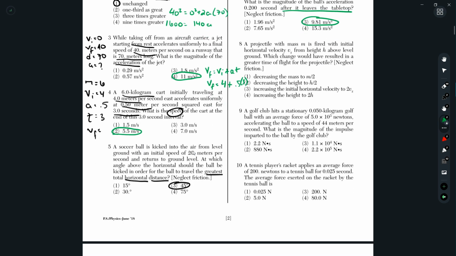Next, we fire a projectile. What's going to give it the biggest time of flight? Mass doesn't affect time in the air. If I decrease the height, that's not great. If I increase the horizontal velocity, that doesn't do anything for time in the air. So it has to be choice 4. Increasing the height is the only way to make something be in the air longer.